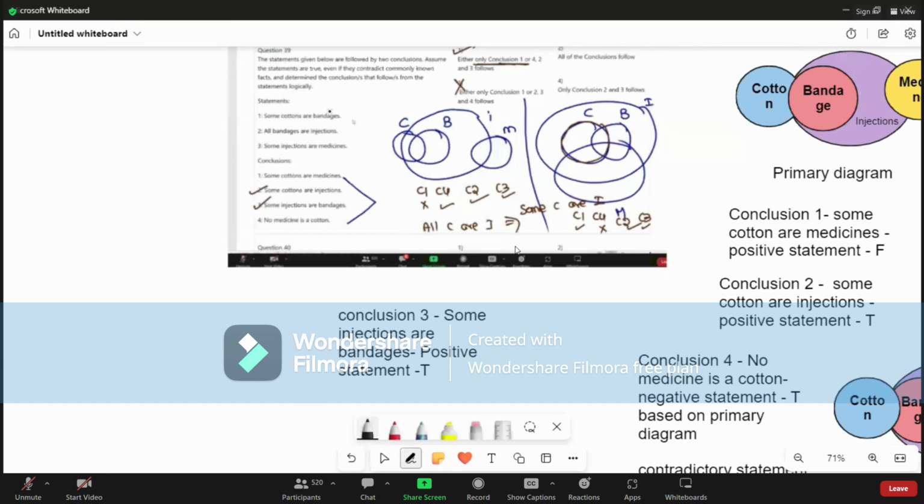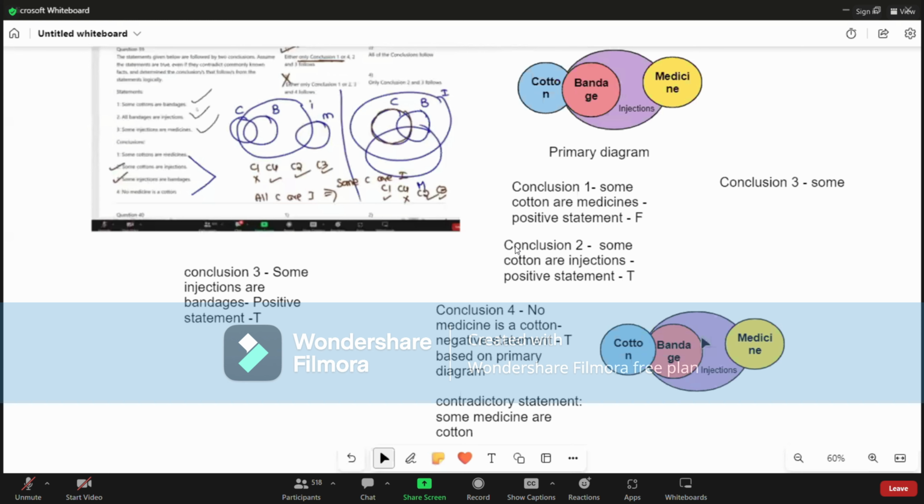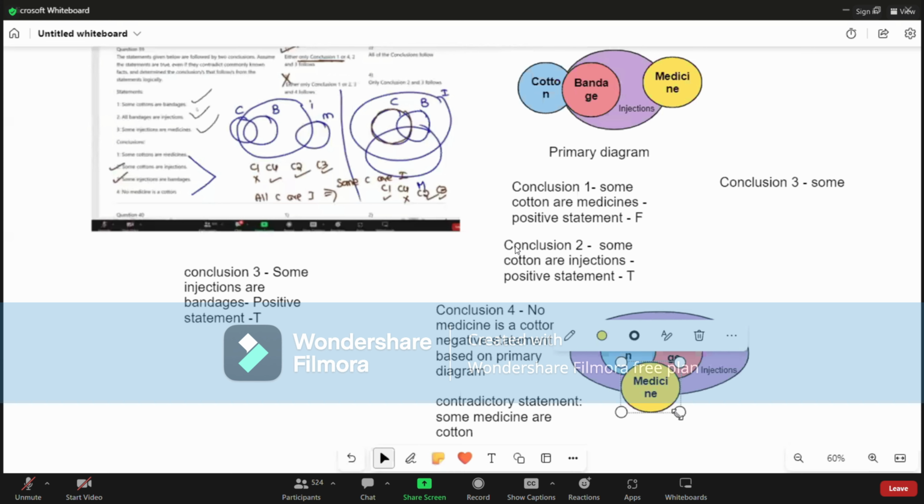So we have to try changing this in this way. Let's say I'll just increase this. Okay, and then I'll move this over here, and I have now made sure that all the statements that were there before are true.